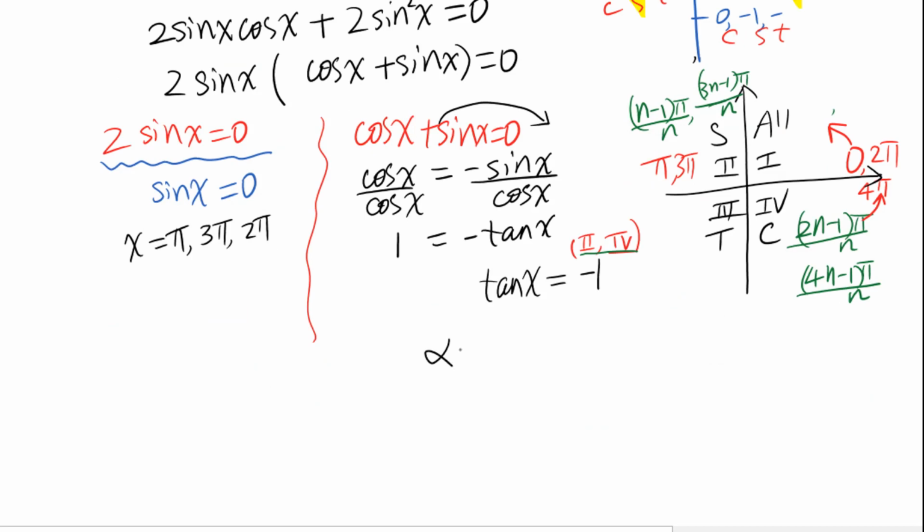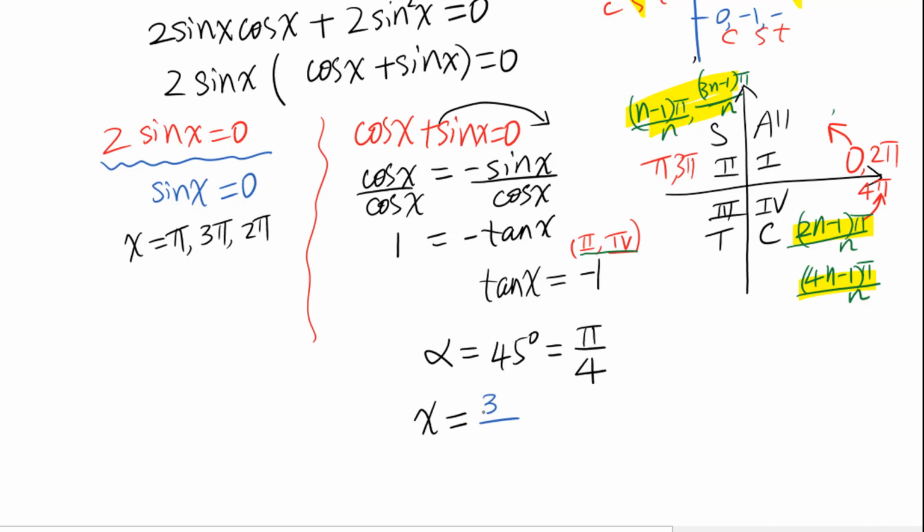Let's check the reference angle. It's 45 degrees, equals pi over 4. Therefore, x equals, we plug in this formula, n equals 4.